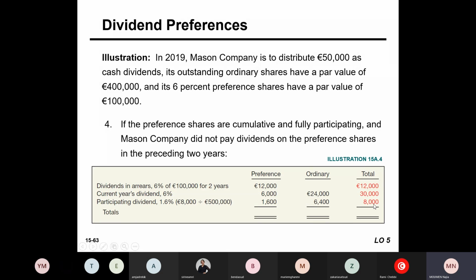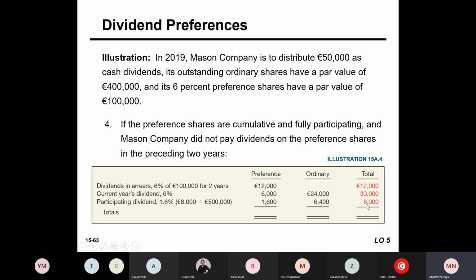And if we want to know this participating rate, we should divide the 8,000 over the 500,000 par value of both preference and ordinary shares. So we get 1.6%. We then multiply this 1.6% by the par values to get the distribution.